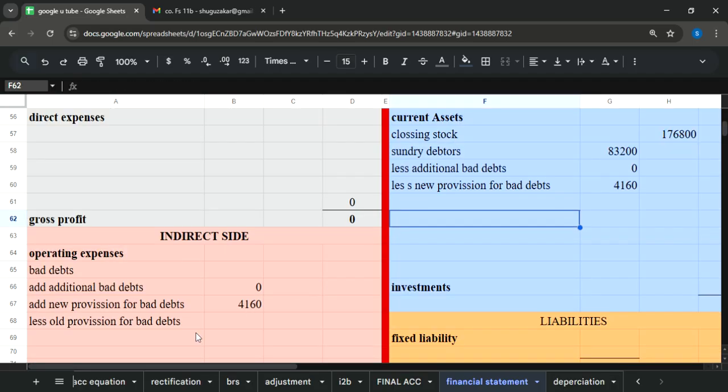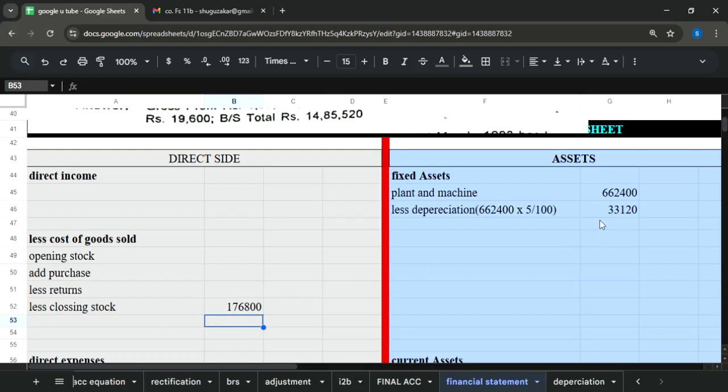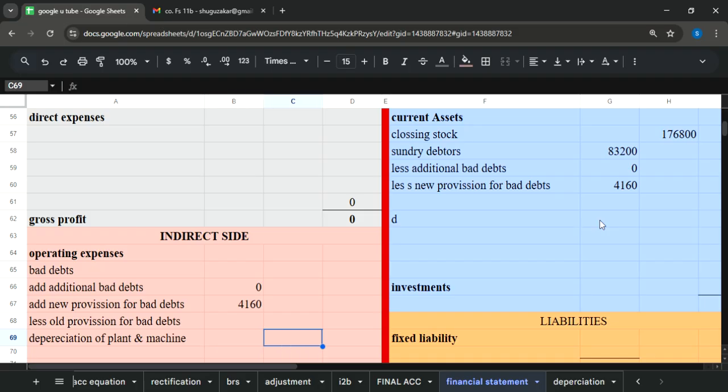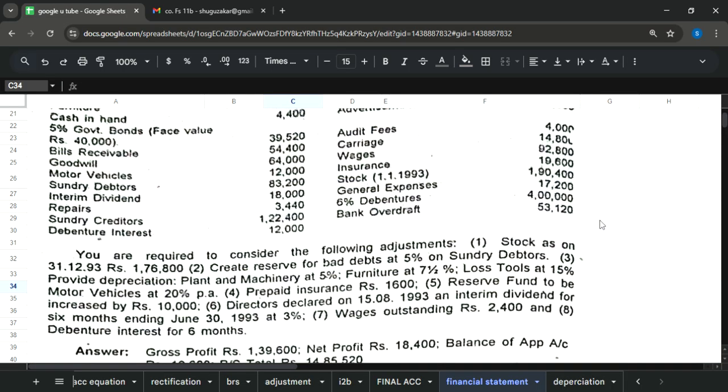Now you will go to operating expense side, and here depreciation of plant and machine would be recorded, and the depreciation which we have seen is 33120. So 33120 depreciation. We have seen dual effects completed.